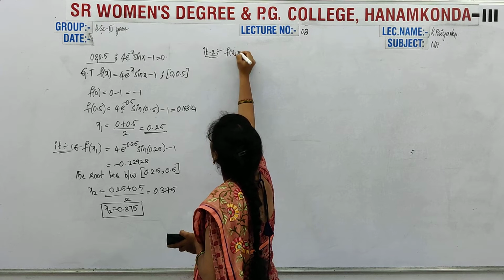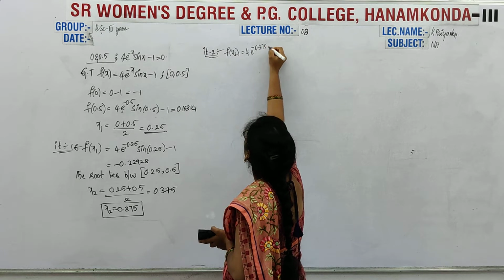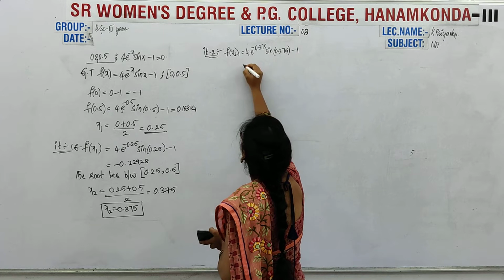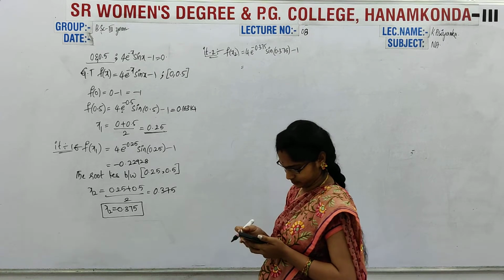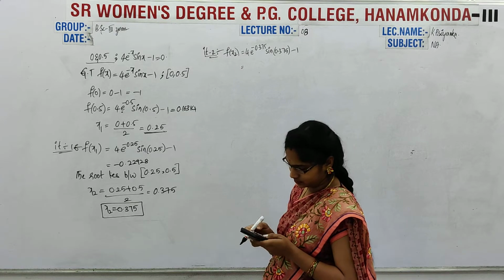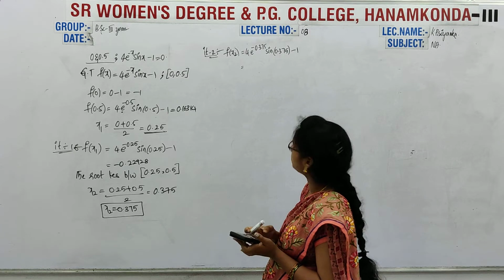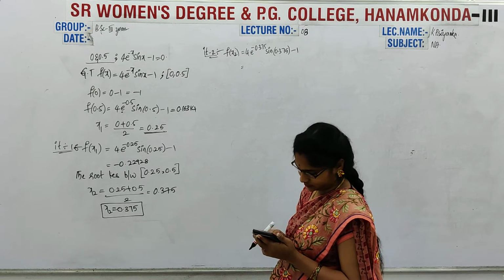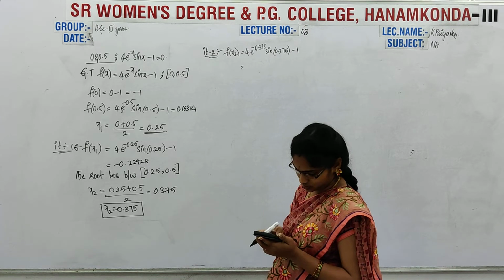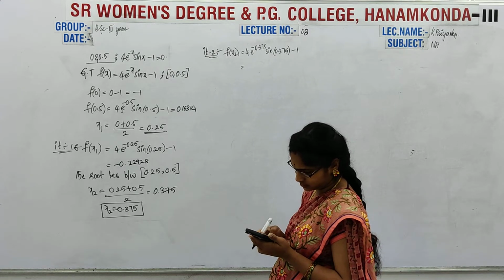f(x2) equals, calculate this value: e power minus 0.375 into sine of 0.375 into 4 minus 1.